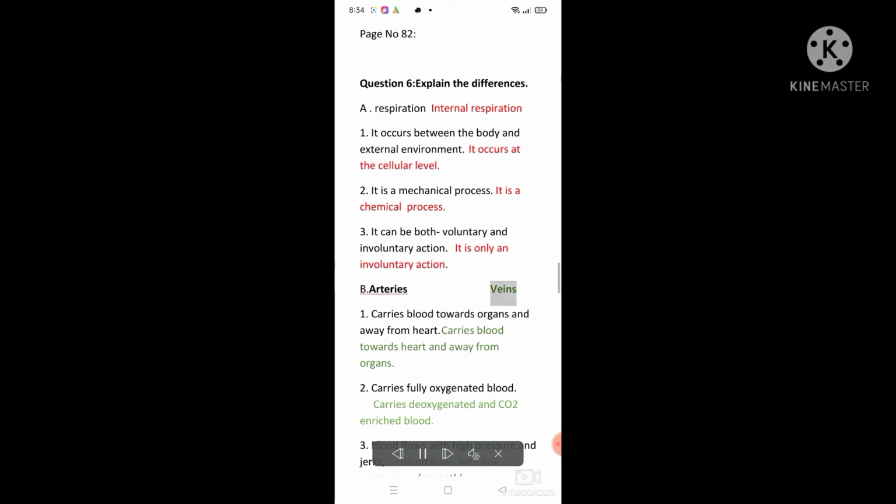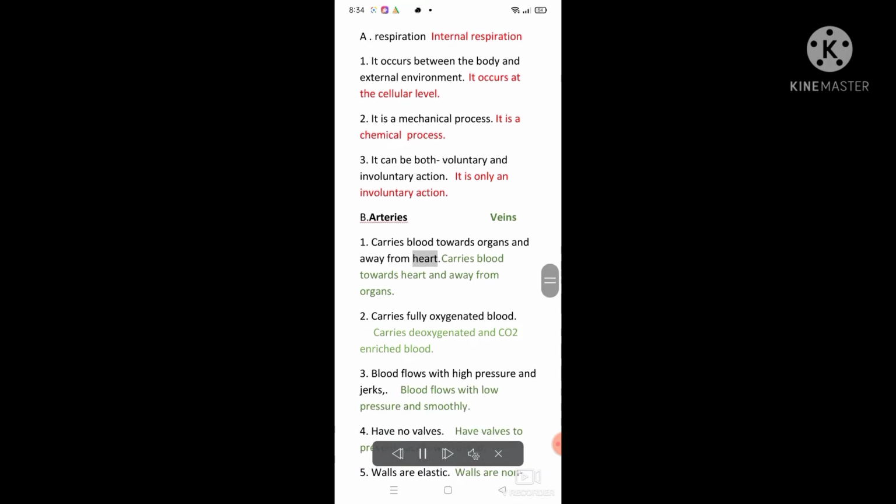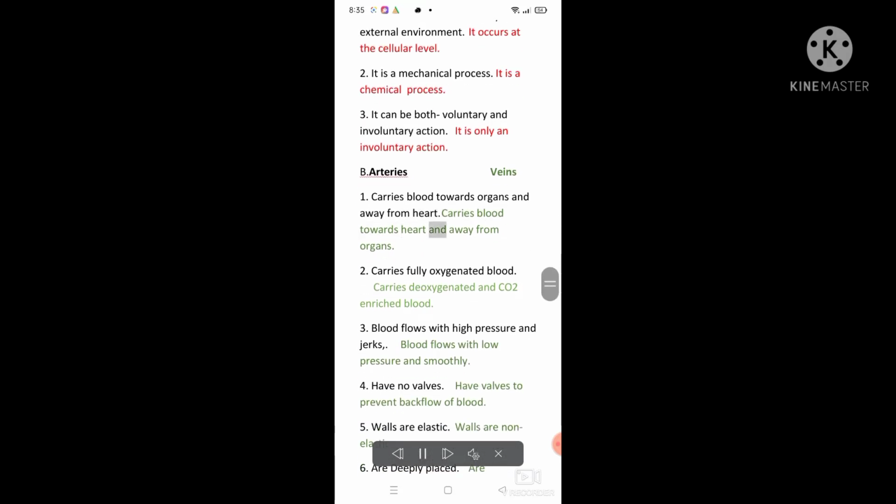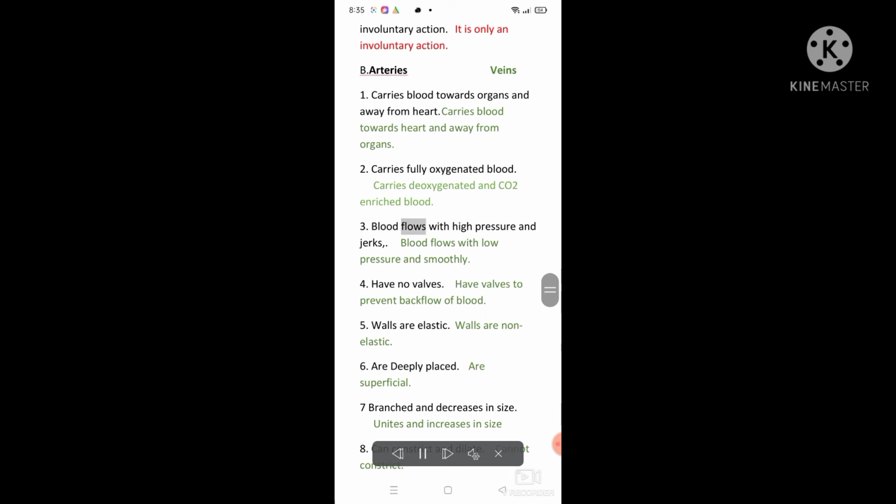B. Arteries, veins. 1. Arteries carry blood towards organs and away from heart. Veins carry blood towards heart and away from organs. 2. Arteries carry fully oxygenated blood. Veins carry deoxygenated and CO2 enriched blood. 3. In arteries, blood flows with high pressure and jerks.